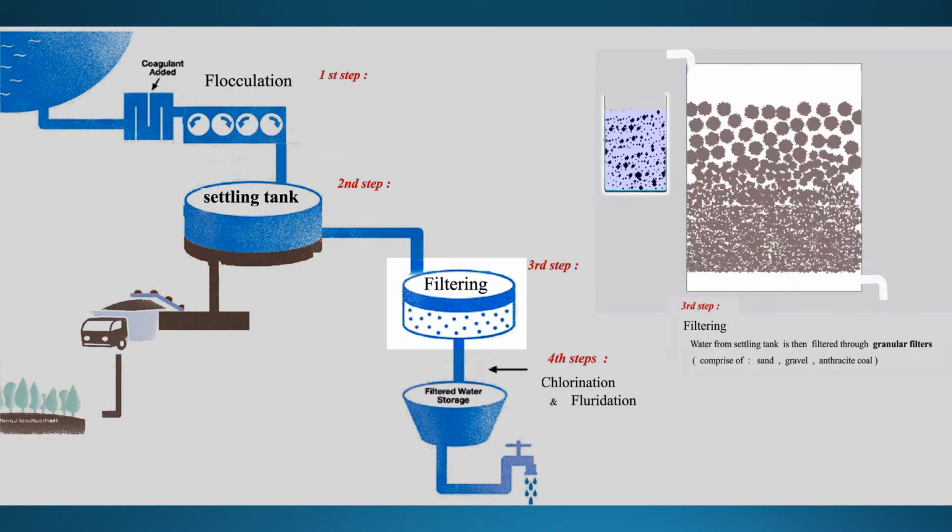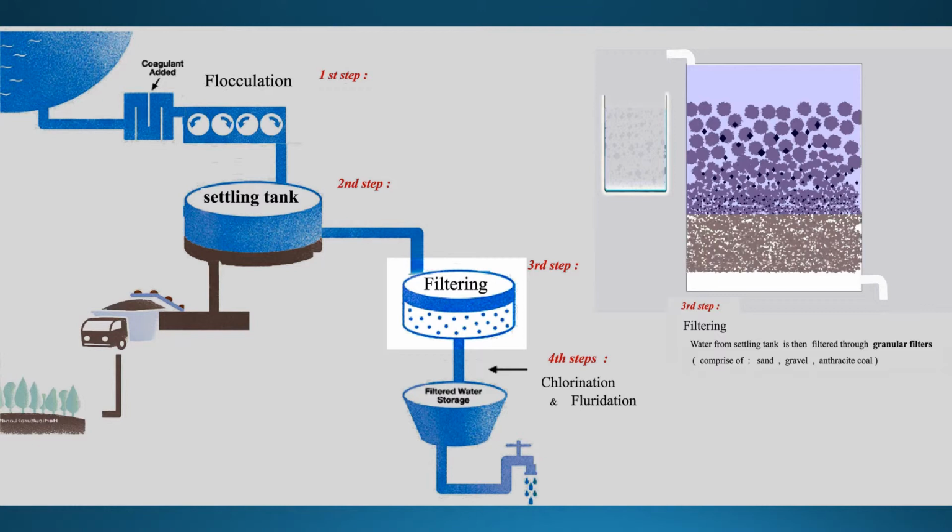The next step, the third step, is called filtering. The filter is made of big particles on top, medium particles in the middle, and then finer and finer particles. So when you put the solution onto the filter, you will find that the big particles will be trapped in the first layer.